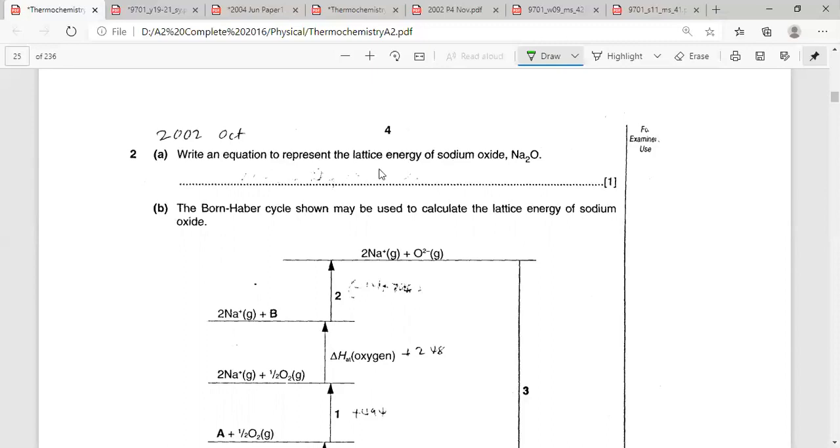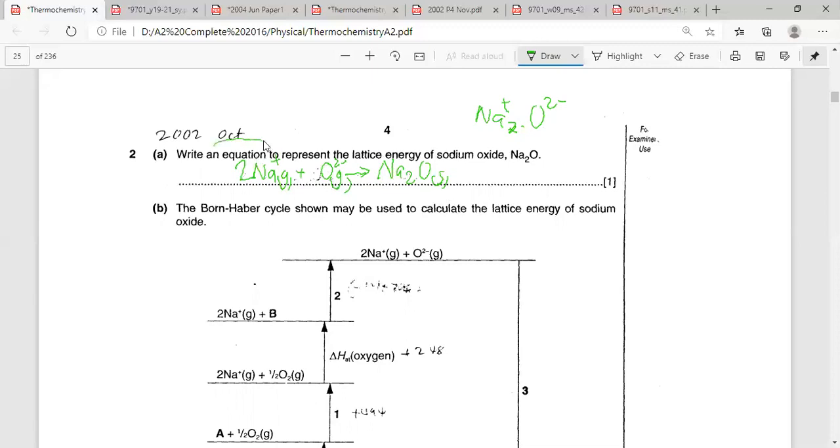Remember 1 mole of the substance formed. 1 mole of Na2O solid, because Na2O is ionic, from gaseous ions, which is 2 Na positive gas plus 1 O2 minus gas. Yes, this is your equation.